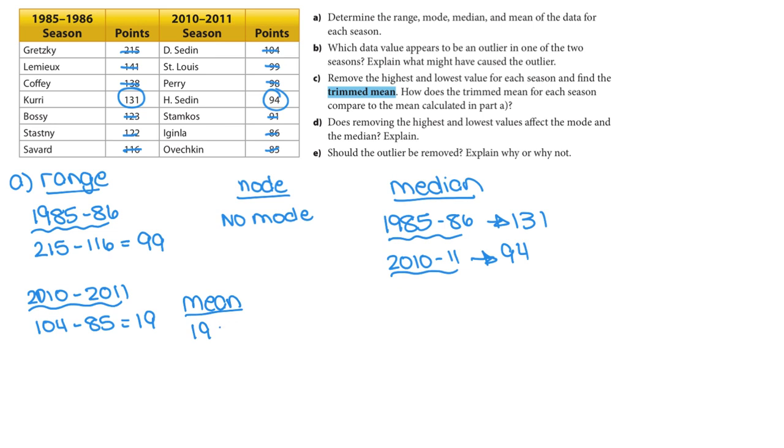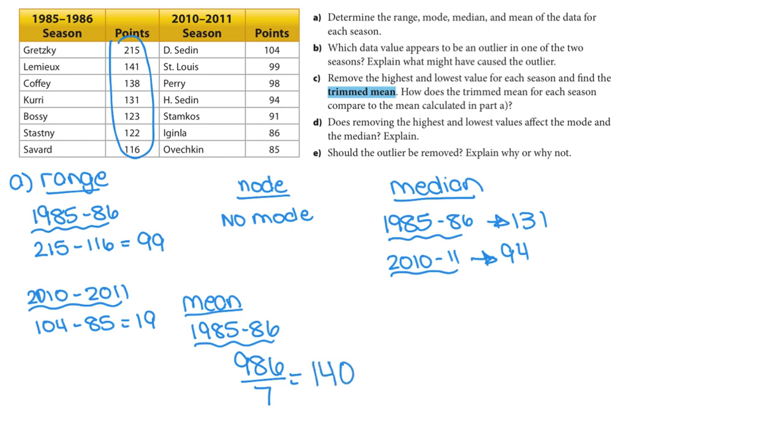So 1985 to 86. We just need to add up all the values and then divide by 7 because there are 7 of them. So if we add up all the values in the 85-86 season, we would get 986 divided by 7, which would give us that the mean is 140.8.